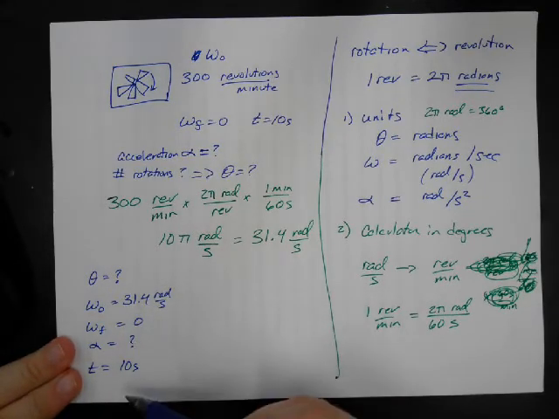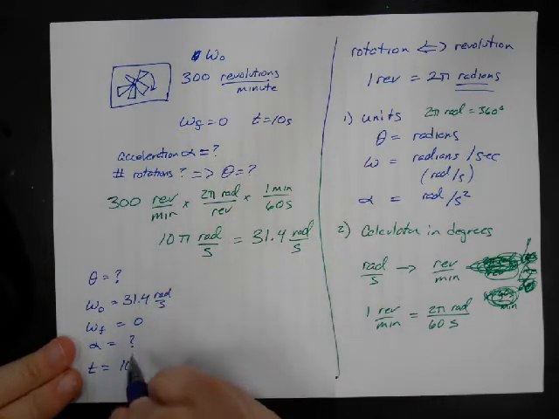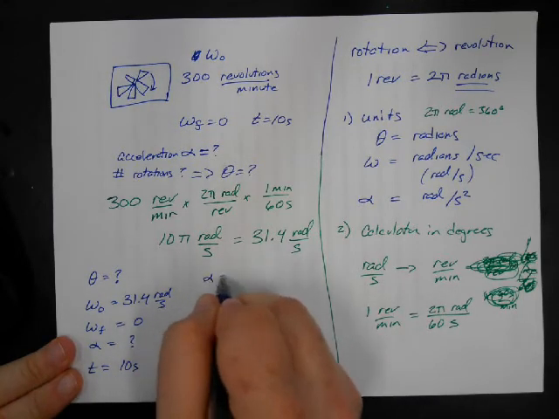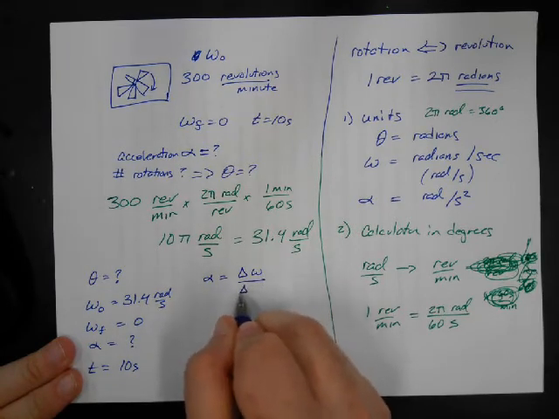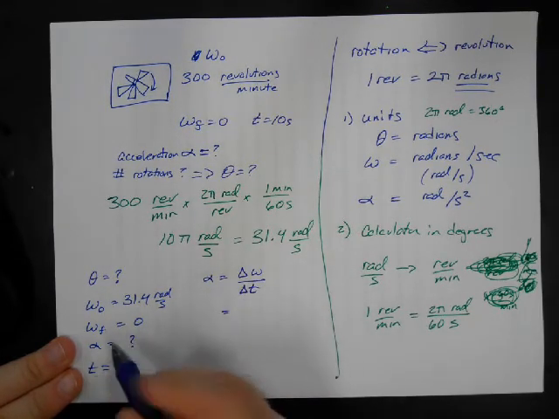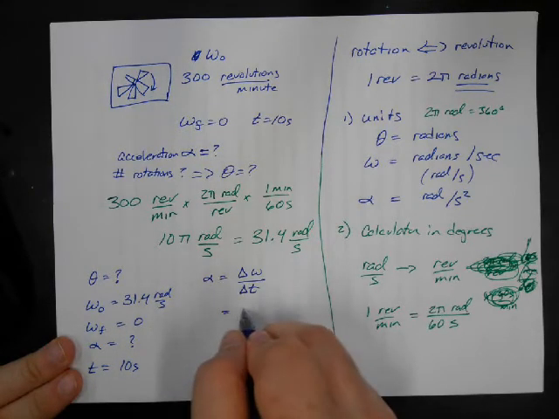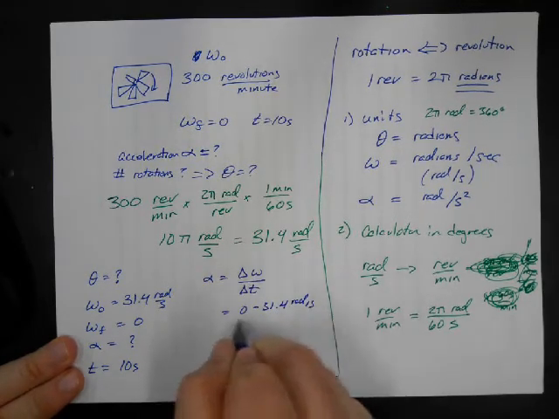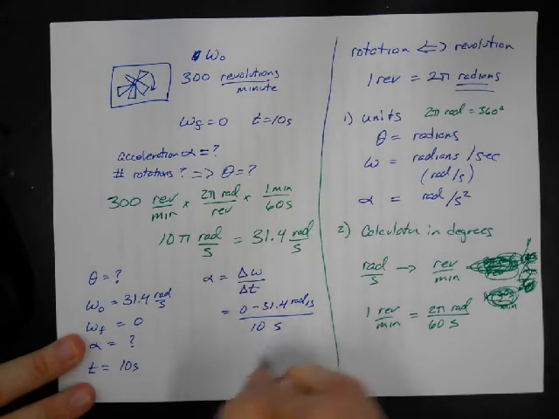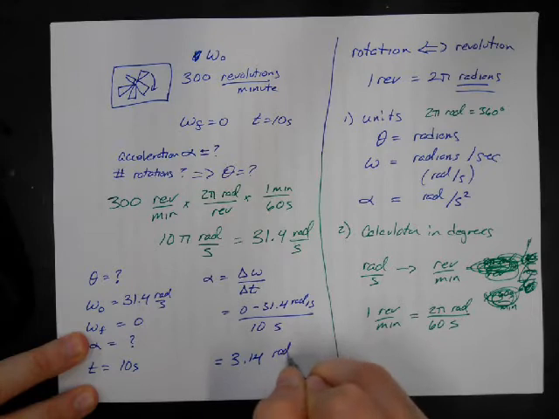Given this, for the first part, the acceleration should be the change in angular velocity with respect to time. It goes from 31.4 to 0, so we'll have 0 minus 31.4 radians per second over 10 seconds, and that is minus 3.14 radians per second squared.